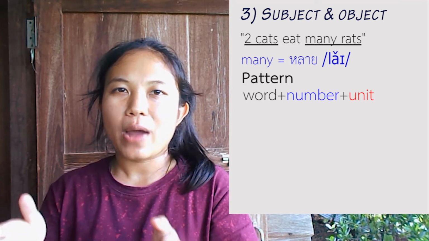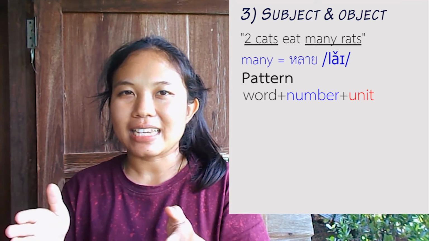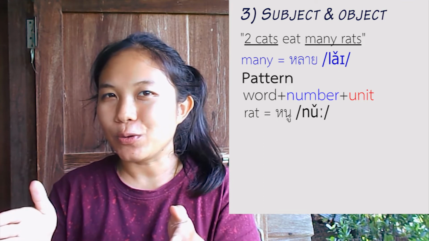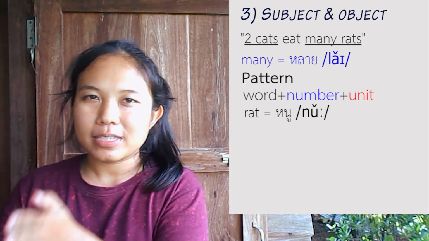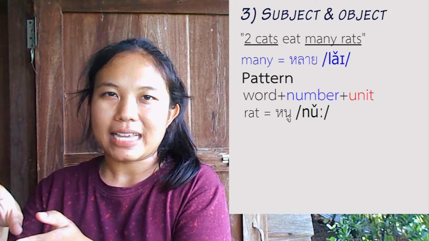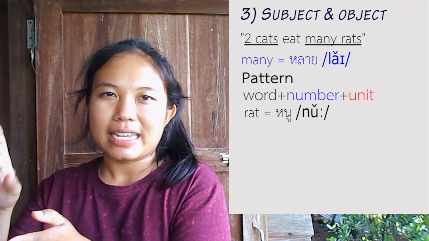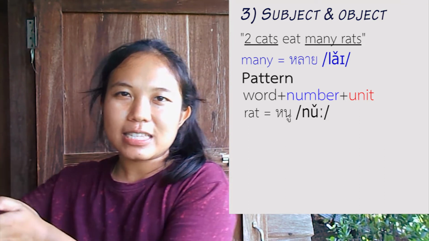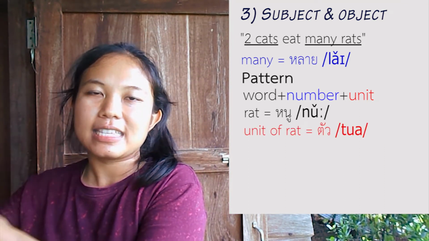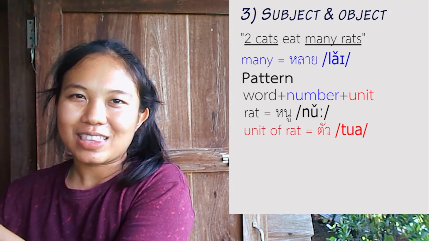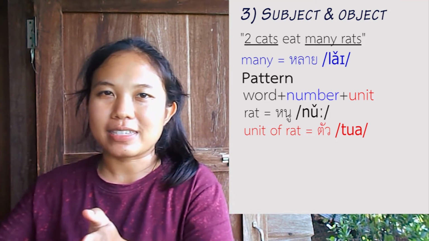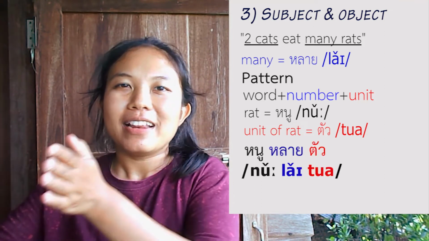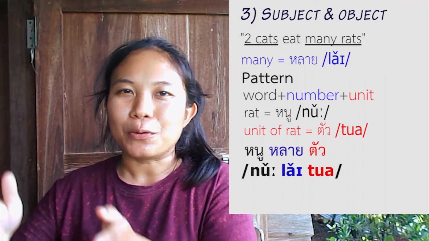The word is rat, in Thai it is หนู, and then in the number position we can put the word many, หลาย, and then the unit of the rat, which is ตัว. Then our phrase will be หนูหลายตัว.